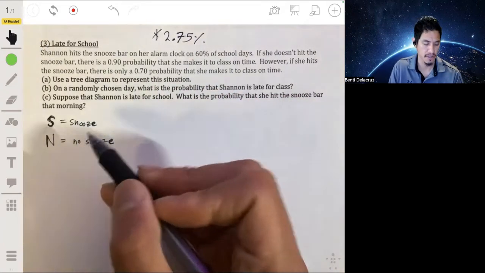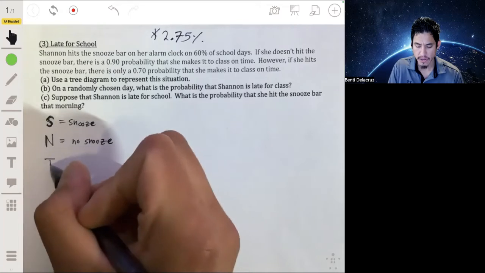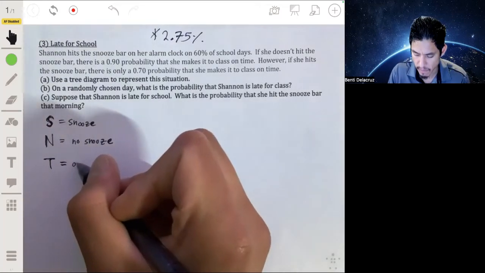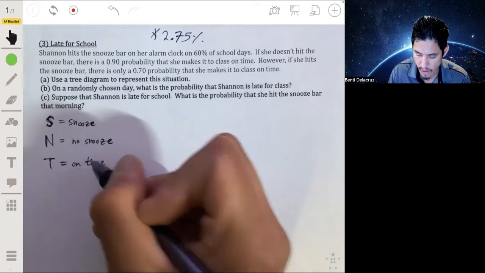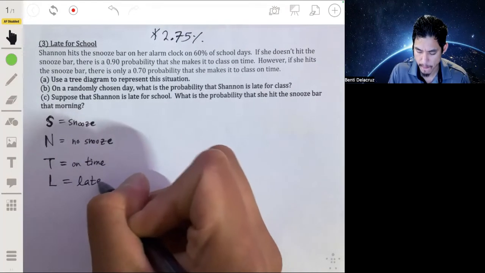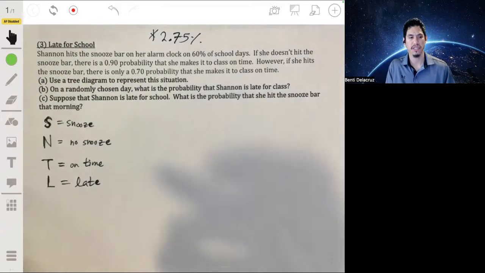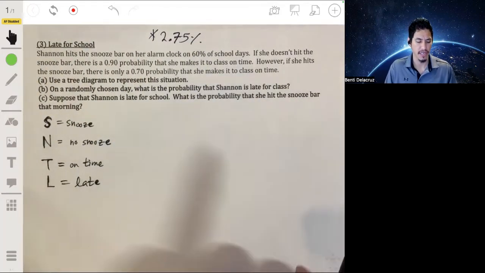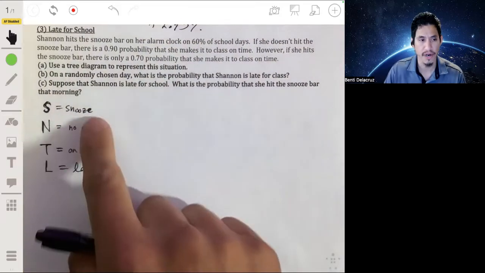Hits the snooze bar, doesn't hit the snooze bar. And then the other thing that could occur after that is that she makes it on time to school, or she doesn't make it on time, she's late. So she hits the snooze or doesn't, and she's either going to be on time or she's going to be late.